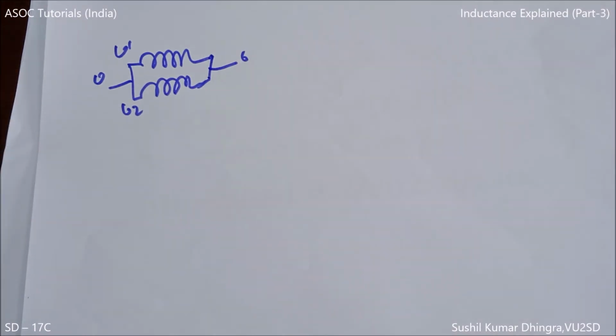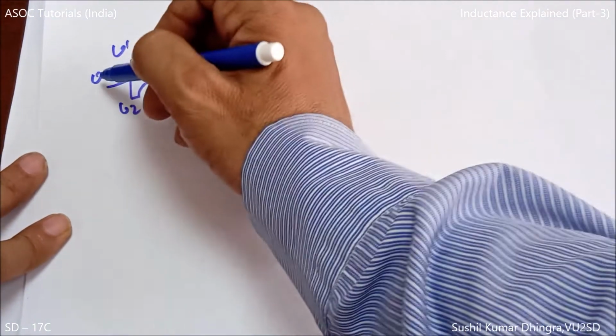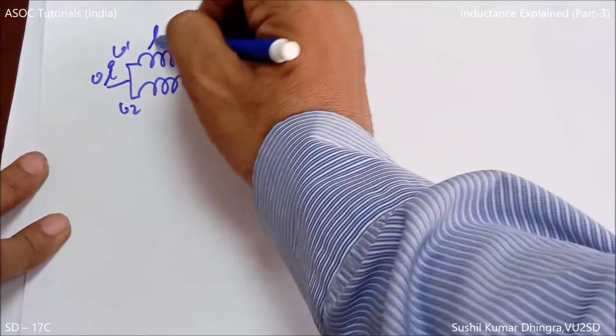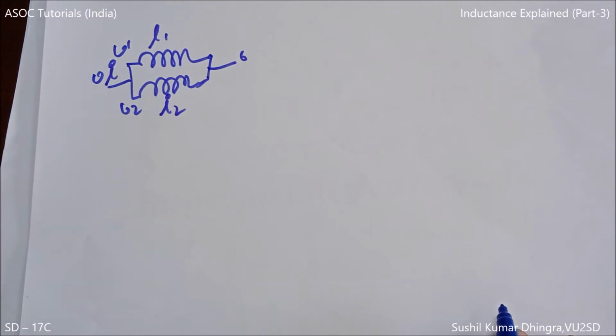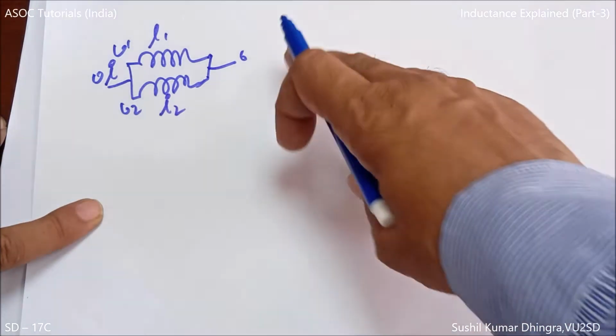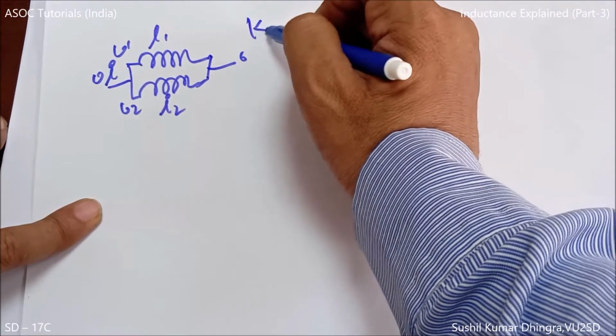If you see the currents I1 and I2, they are going separately and they are being shared. If you want to calculate the sum of the individual currents flowing through each inductor, it can be found with Kirchhoff's current law.